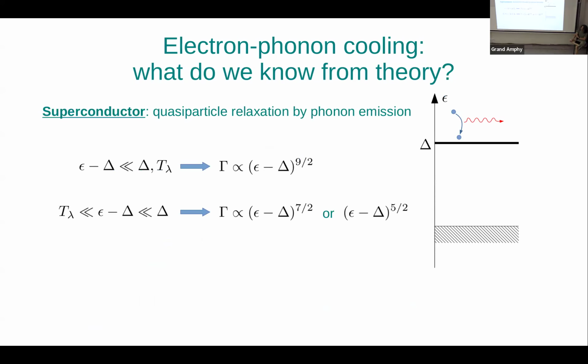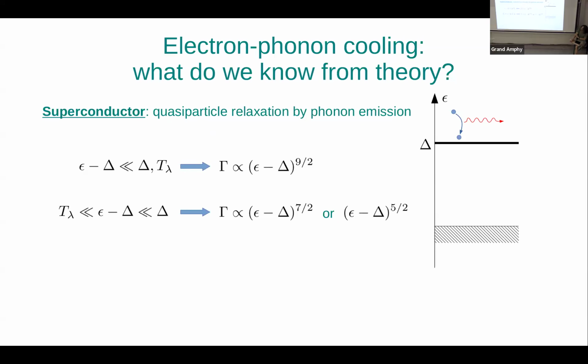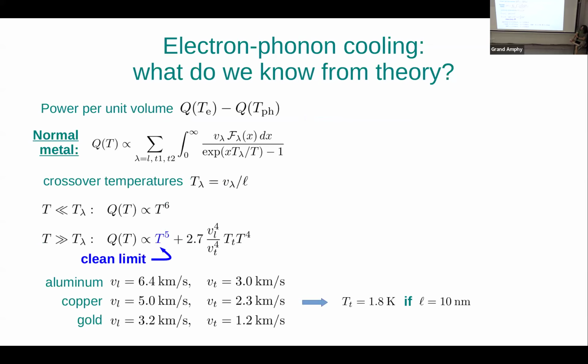Okay, so that was for the normal metal, and for the superconductor, it's a little bit more complex because you have extra ingredients. You have the quasi-particle density of states. You have some matrix elements, Golubov, but basically this is a decoration of this integral.